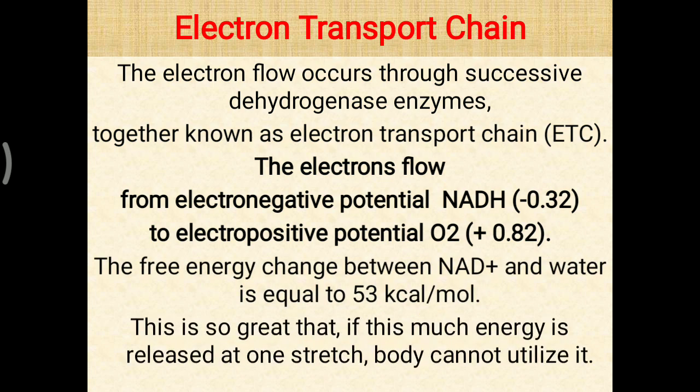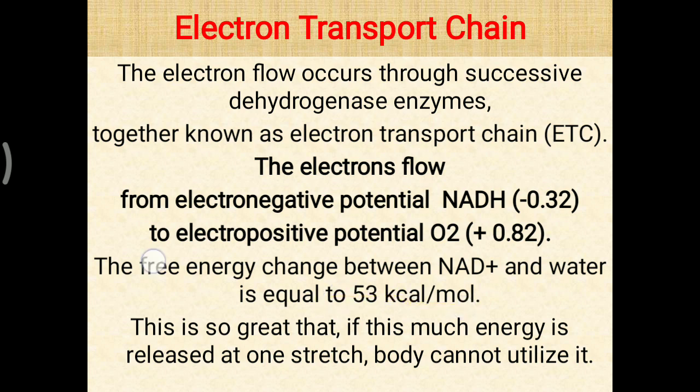This is so great that if this much energy were released at one stretch, the body could not utilize it. Suppose energy is generated, but at that time the energy is not needed by the cell, so we have to keep a storage. For temporary or permanent storage of that energy, a molecule is needed.